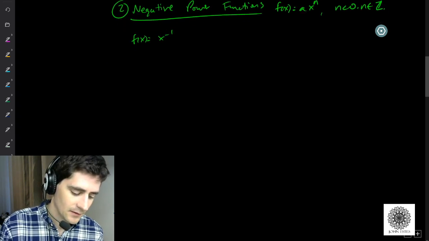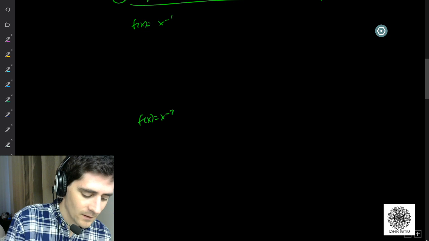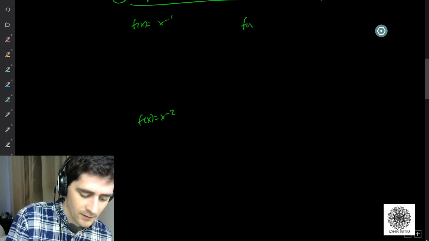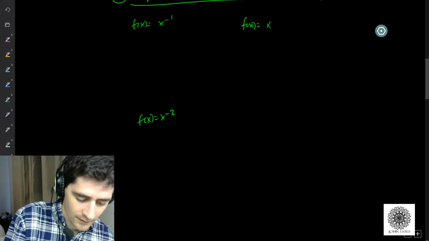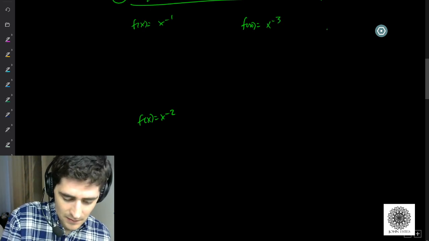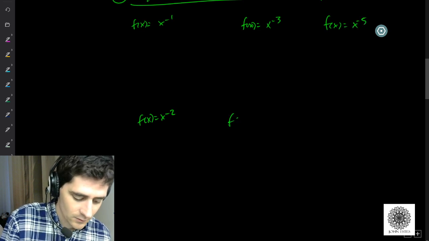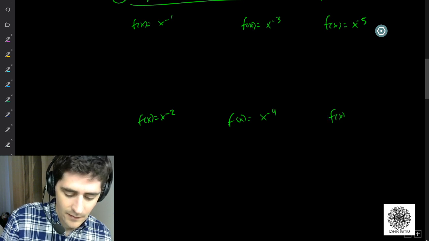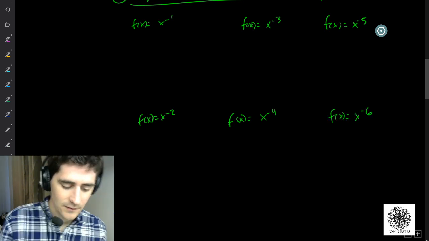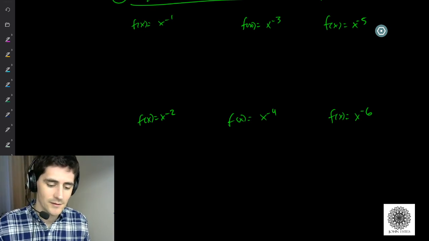And then from there, we might want to also consider x to the negative 2 power, and break it up over odd and even like we did just now. How about x to the negative 3 and x to the negative 5? And then down here we'll say x to the negative 4 and x to the negative 6. And let's go back to Desmos and see what these things do. What do they look like?